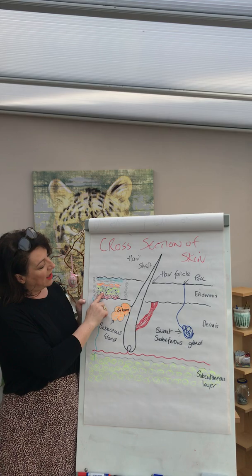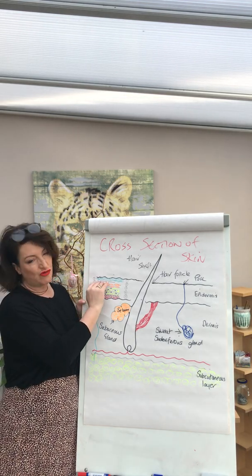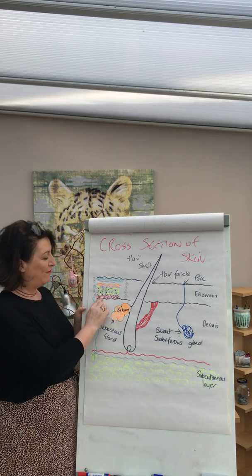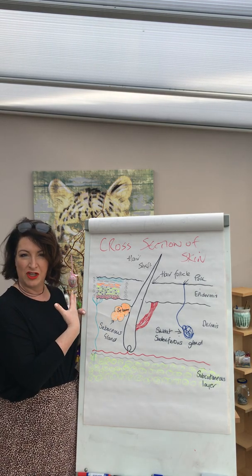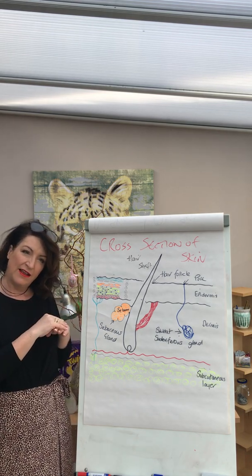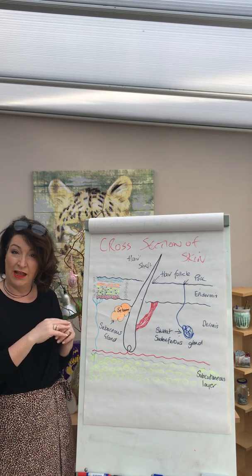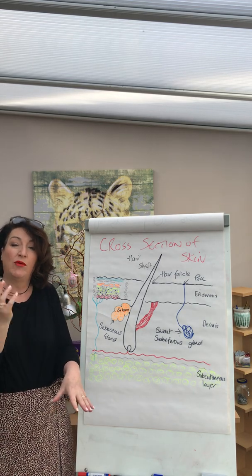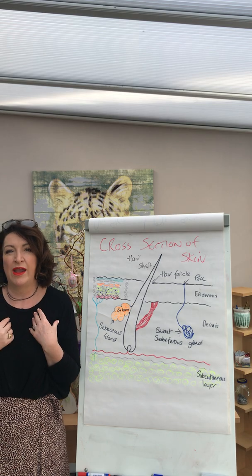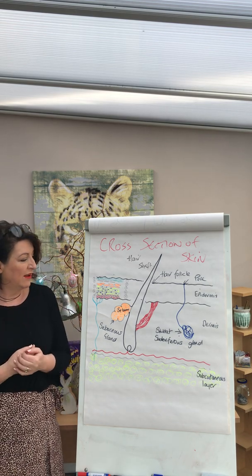And they get flatter and drier, and eventually they go from this lovely fresh cell full of water and goodness and end up being a very flat, dry cell that's ready to be what we call desquamated, which is a natural way of being exfoliated.